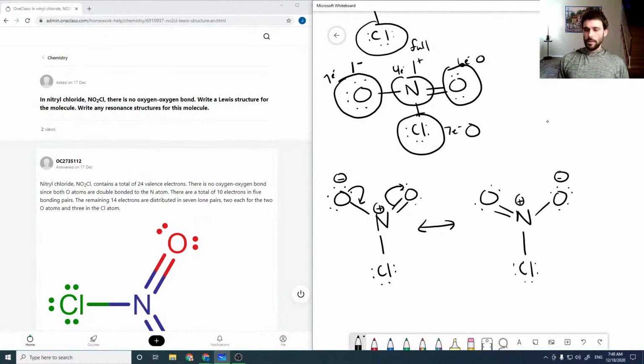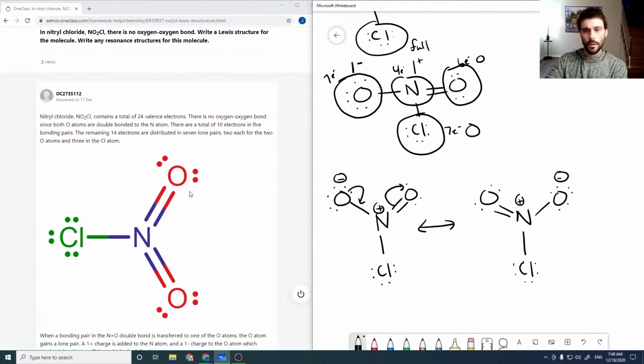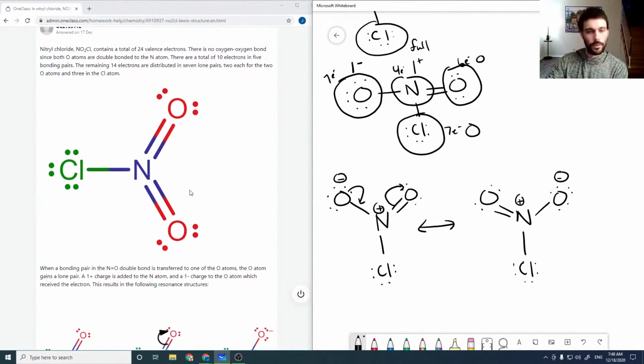And so the negative charge is actually shared among the oxygens, which helps to stabilize the structure. Okay. And so that's the final structure for our nitryl chloride. So we counted up 24 valence electrons. I didn't ever check it, but I'm pretty sure all 24 are there.